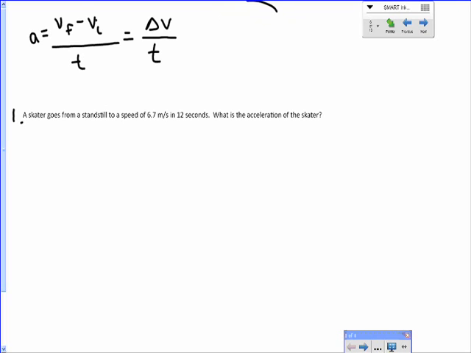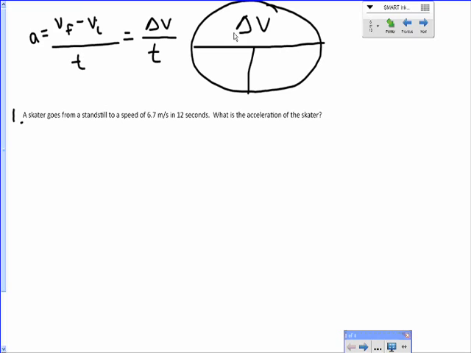Sometimes we're going to need to find or calculate for time and velocity, and when that happens, we need to use our circle. Change in velocity is over time, so you put change in velocity on top with time underneath it, and then acceleration goes right down here. Now remember, we write our variables out first, so we have A equals, VF equals, VI equals, and T equals.